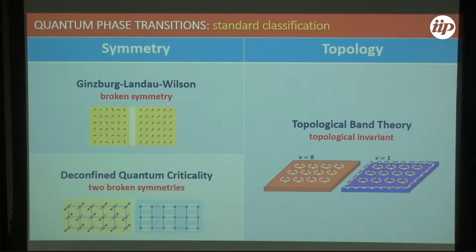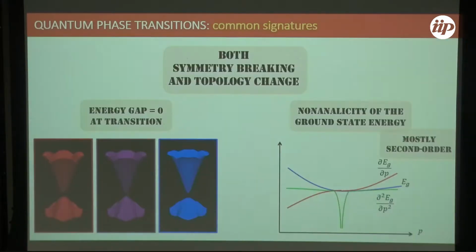And then you have the topological quantum phase transitions, in which the defining feature is a topological invariant, which takes different values on the different phases of the material. Let's also remind ourselves of the common signatures of quantum phase transitions, be it a symmetry-breaking transition or a topological phase transition.